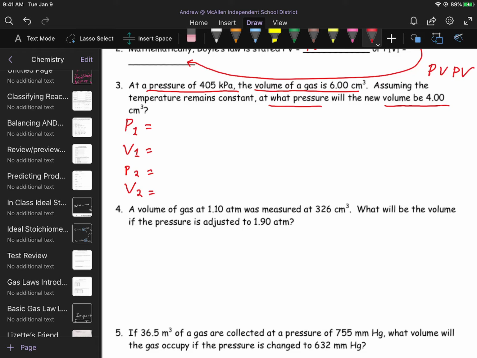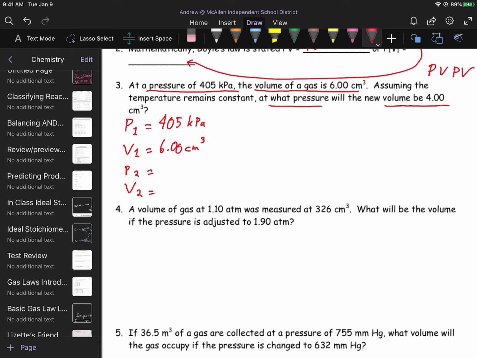Let's fill in what we know, though. Pressure 1, we're starting off at 405 kPa. What's a kilopascal? Doesn't matter. You just have to know it's a unit of pressure. Volume 1, 6.00 centimeters cubed.